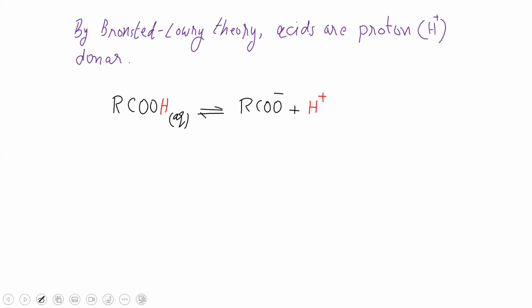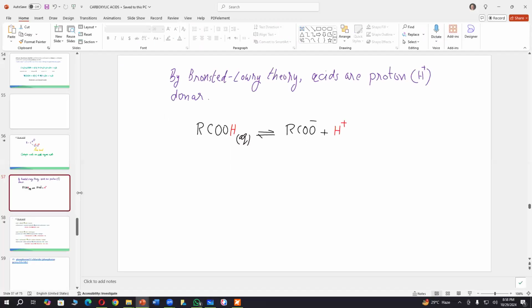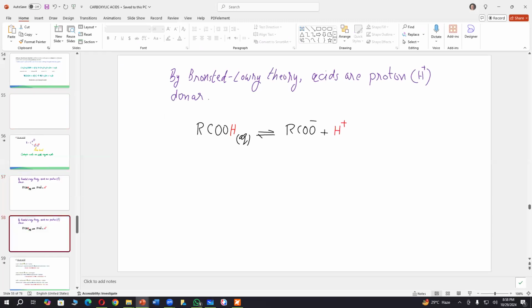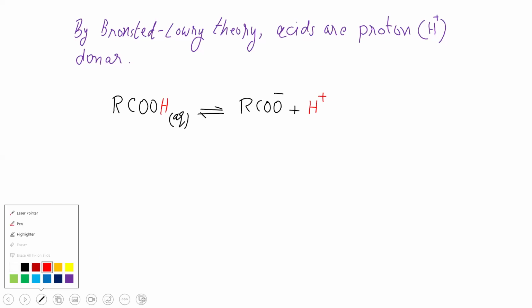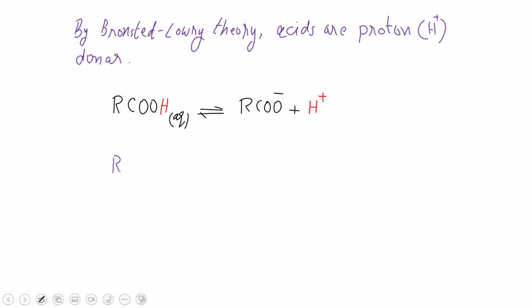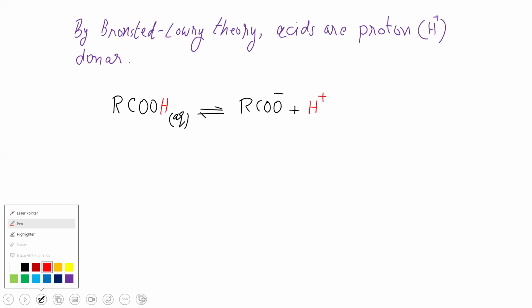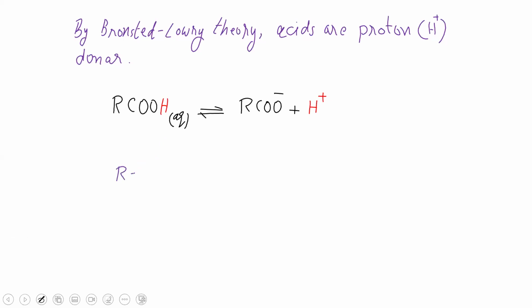All acids should be capable of releasing H plus ions. So R, C, O, and O, and then there is a hydrogen. Remember that this bond is polar and this bond has to break during the reaction.